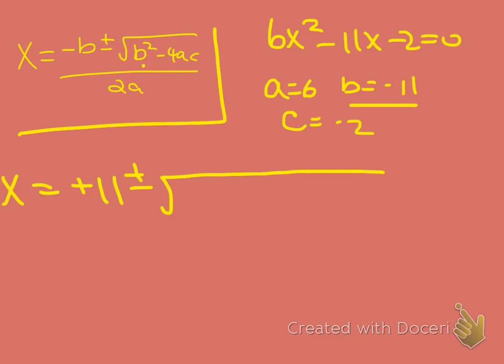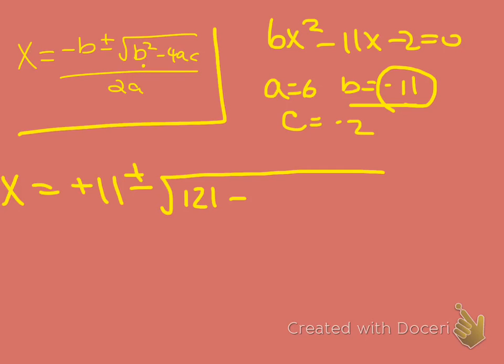I suggest that whenever you do that, you square it in your head. What is 11 times 11? If you can't do it in your head, you need a calculator. So 121, right? Very good. It doesn't matter about the negative or positive in this case, because a negative times a negative is going to be a positive. So it's going to be a minus.